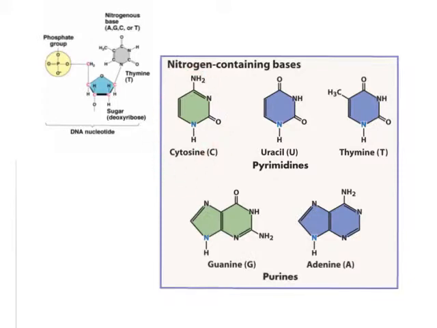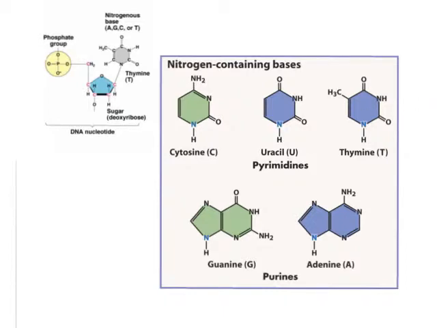Cytosine, we represent that with a capital C. Thymine, we represent with a capital T. Guanine, we represent with a G, and adenine, we represent with an A. You can see these are categorized differently. These molecules are larger. They have 2 rings. You see that? These molecules are only 1-ringed molecules.